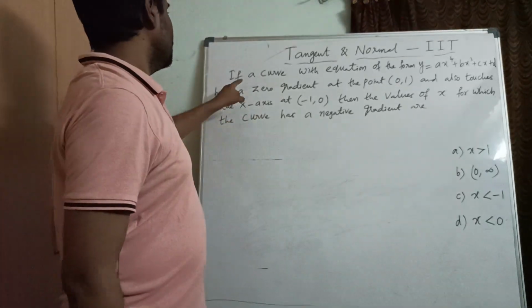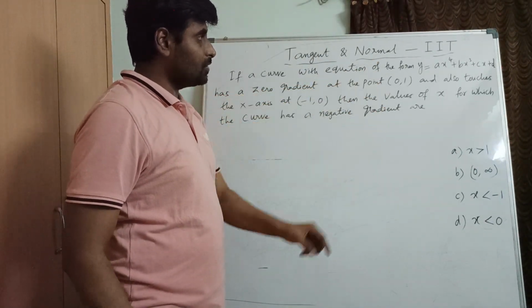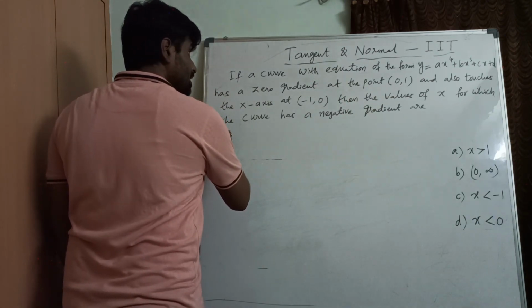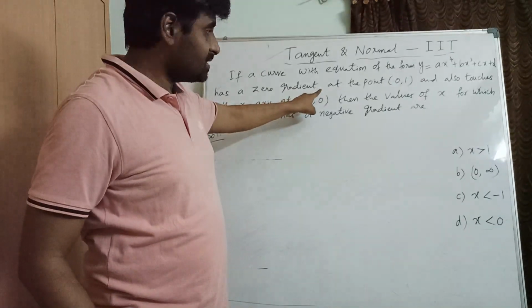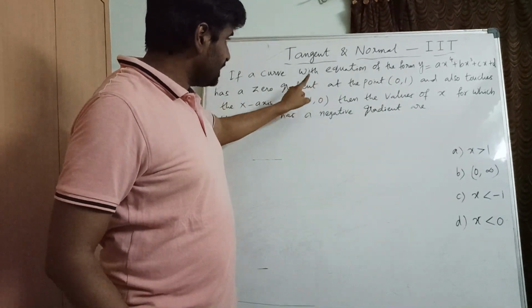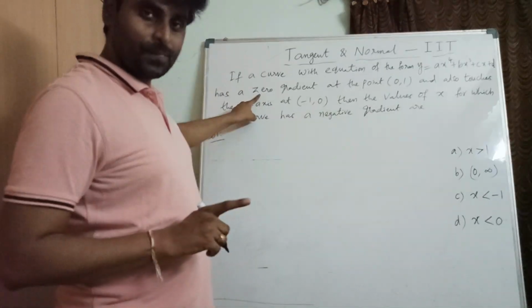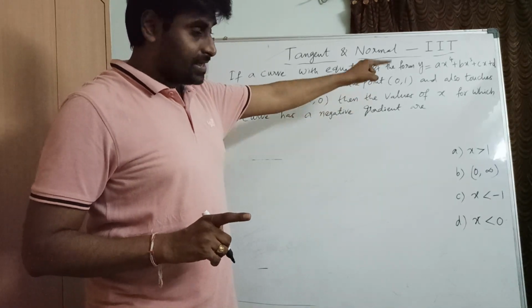Now, a curve with equation of the form y equals ax power 4 plus bx cube plus cx plus d has a zero gradient at the point 0 comma 1, meaning the slope is 0. At 0 comma 1 means 0 comma 1 satisfies the curve also.